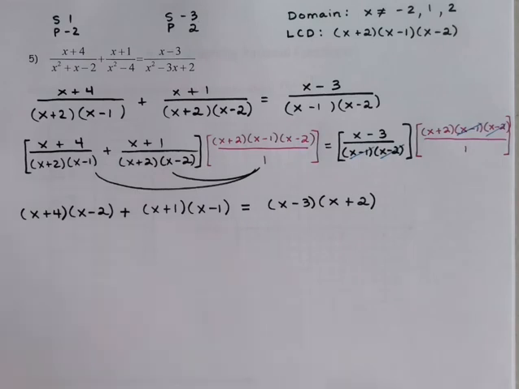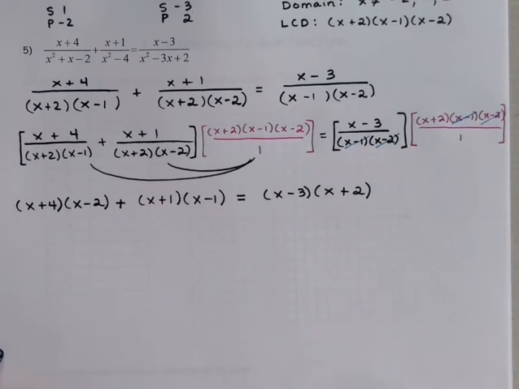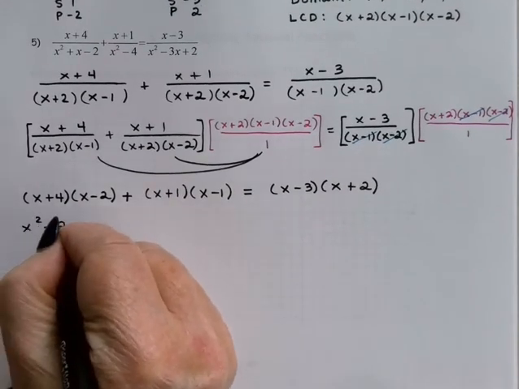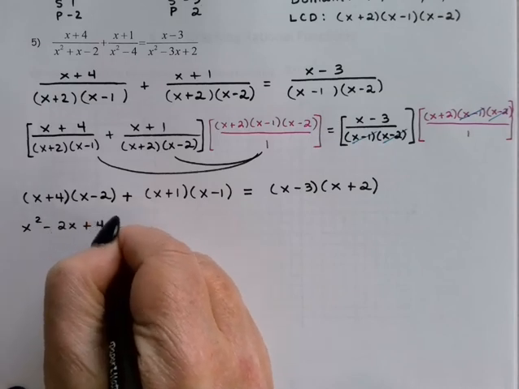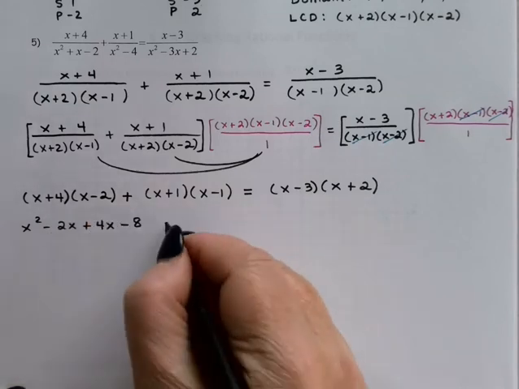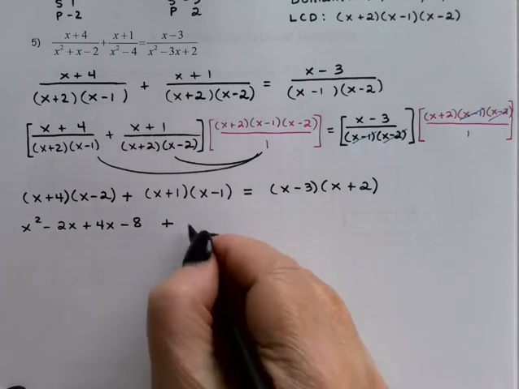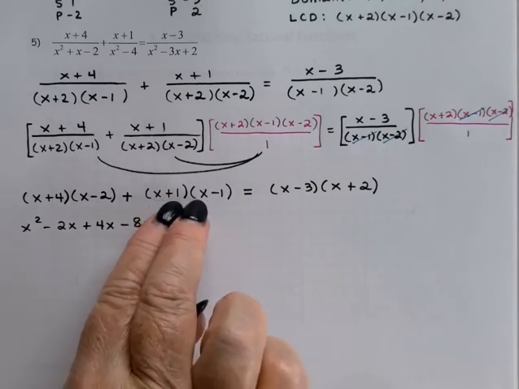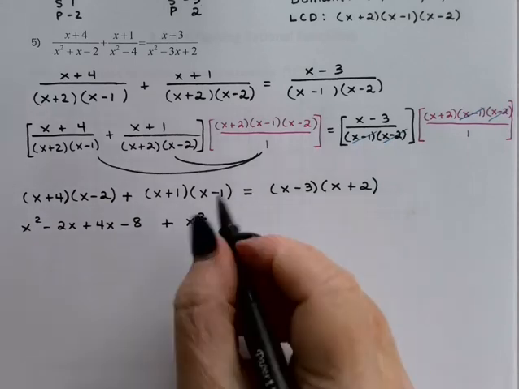We can now say we got some FOIL problems to do here. Let's multiply everything out and see what happens. Let's have x squared minus 2x plus 4x minus 8 plus x squared. This is one of those where the outers and the inners are just opposites, so they add up to 0.